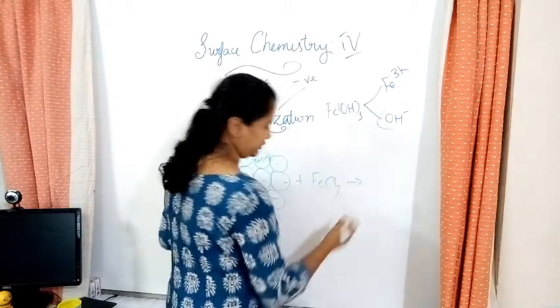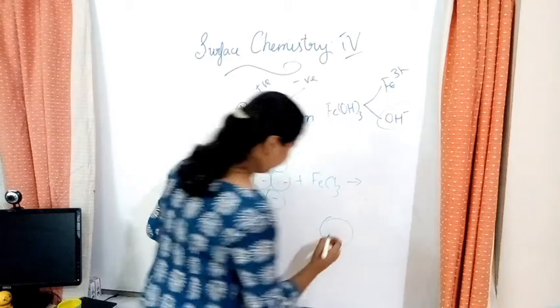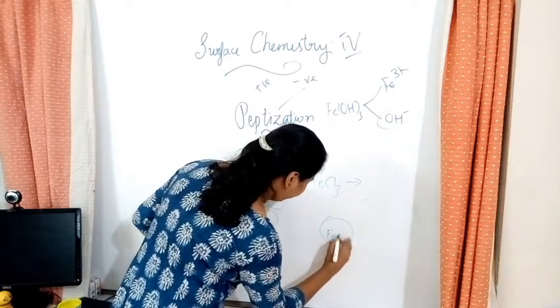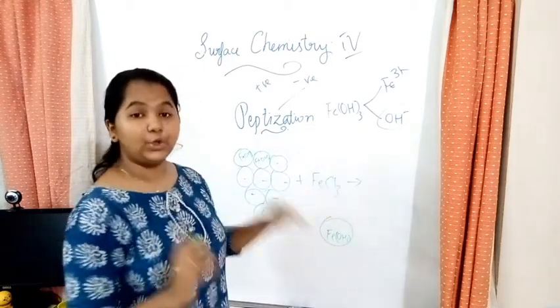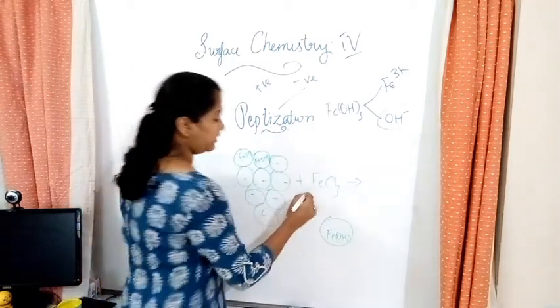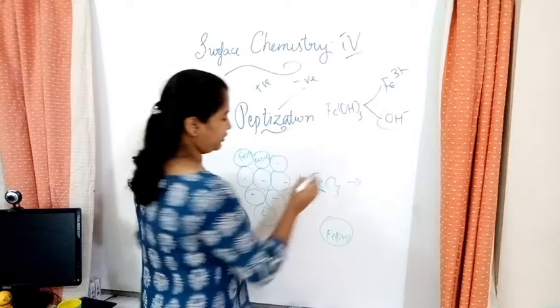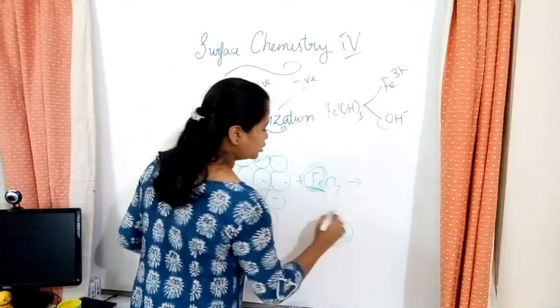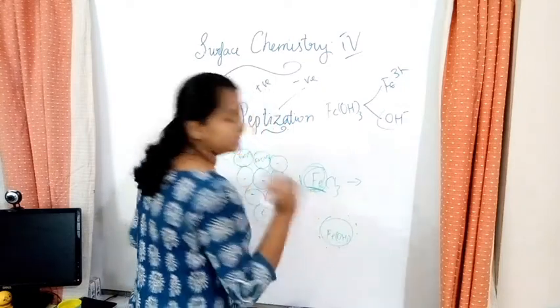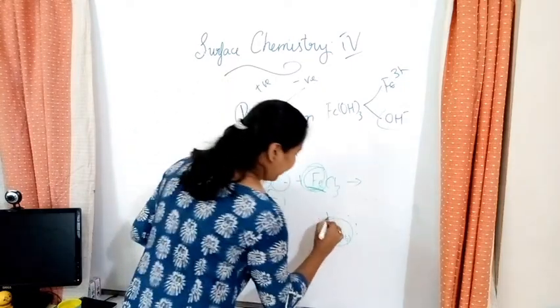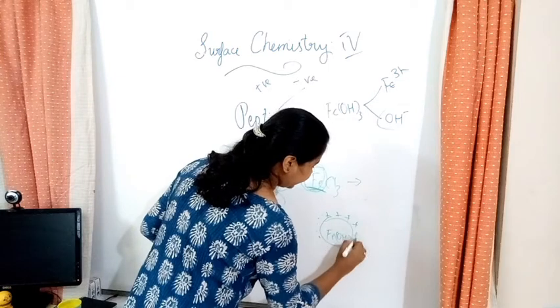It will split, and Fe(OH)3 is over here. And I told you there is accumulation of charges. The common ion gets absorbed, okay? So this is common, this is positive. So this will get absorbed on the surface. Absorption happens on the surface, no? So over here it will get absorbed. So it is positive charges getting absorbed over here.